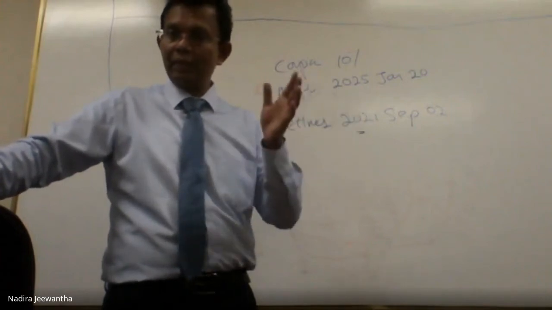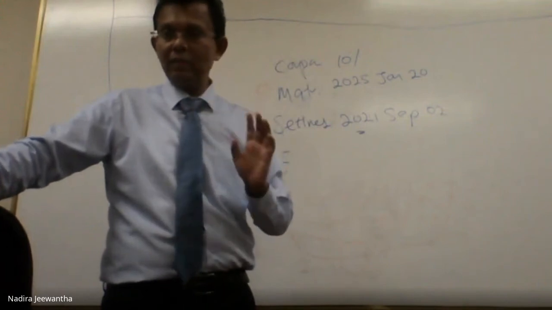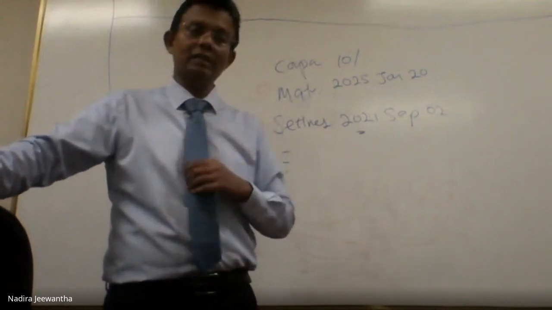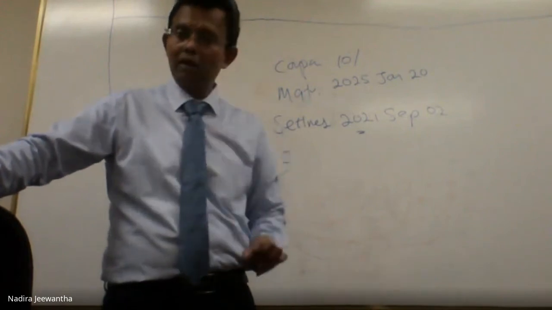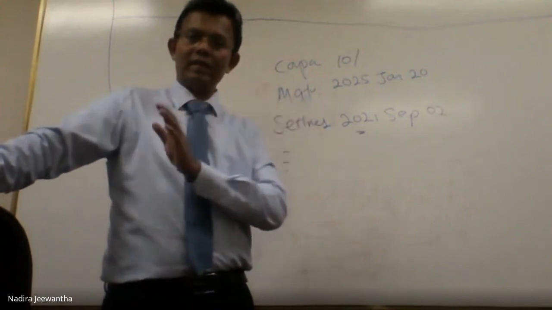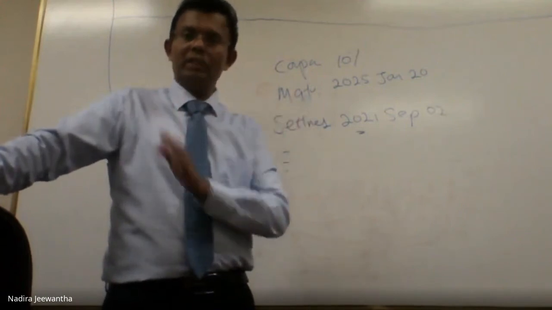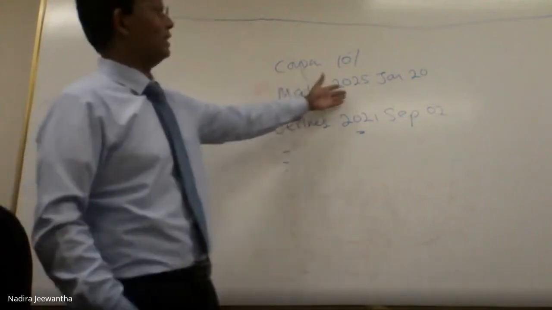Remember LKB for treasury bond, LKA for treasury bill. The English letter is the month, the left hand side is the day, and the right hand side is the year of the maturity. So everything is given.